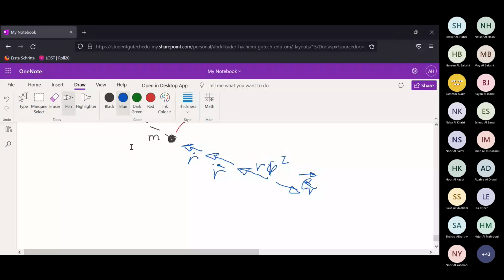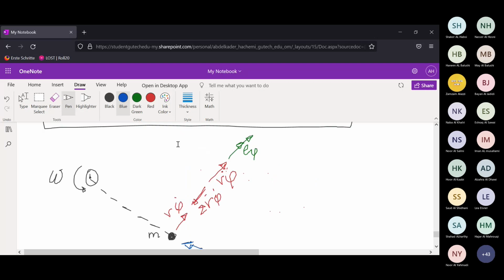I will use Microsoft directly, not these things from the browser or my notes. I will make it properly and put it on Moodle. Please be patient, maybe I will not do it today, only if I can find time.